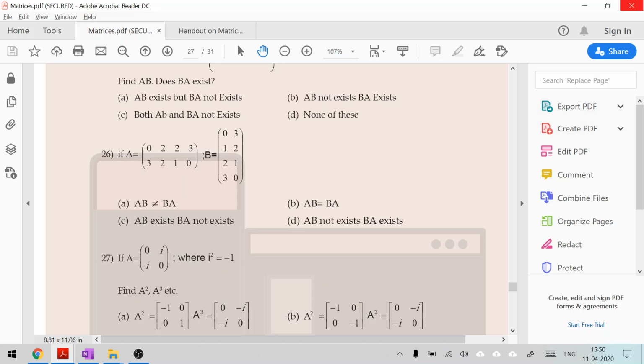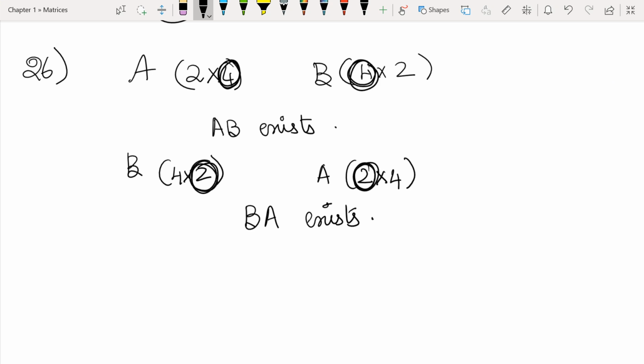Okay, so let's see how to find that out. So when I multiply AB, what will I get? I'll get 2 into 2 matrix, because I will get the rows from the first one and the columns from the second one. And when I multiply BA, I will get 4 into 4. So do you think AB will be equal to BA?